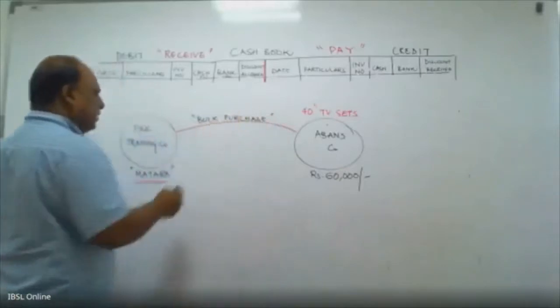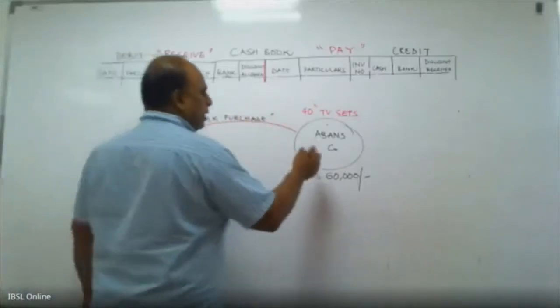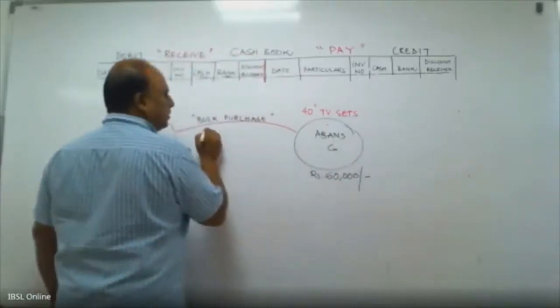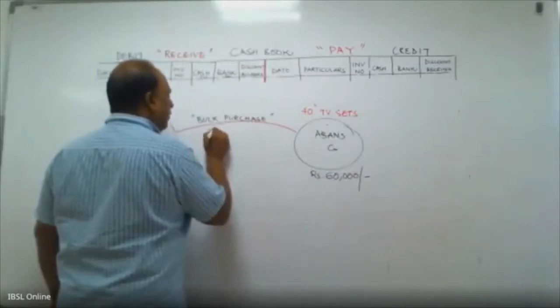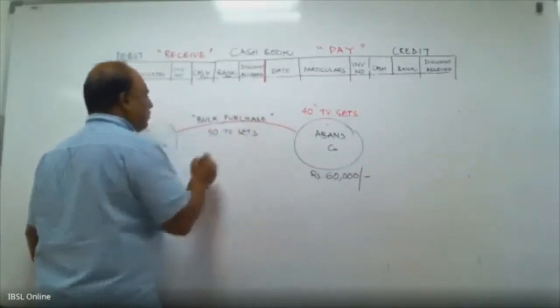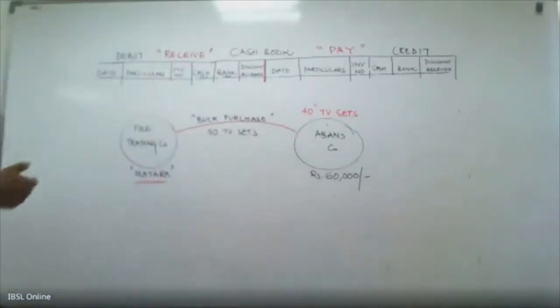Bulk purchase means they might be purchasing, let's say 100, might be too much, let's say 50 TV sets. You and me going and buying 50 is not possible. So they are purchasing 50 TV sets in this bulk purchase.